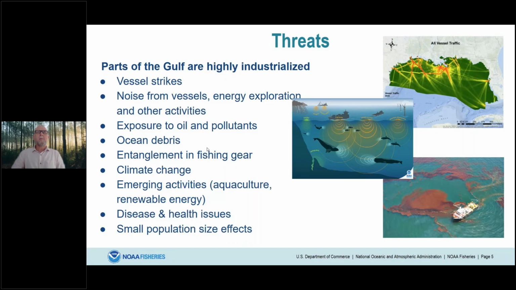Climate change could be an issue if impacts to Rice's whale prey or the whale's thermal tolerance starts to occur in the future. Most plans for aquaculture and renewable energy to date have been well inshore of the Rice's whale habitat, but these or other emerging threats could be an issue in the future without proper planning. Also, because the population is so small, they could also be at risk from natural factors like disease or inbreeding.